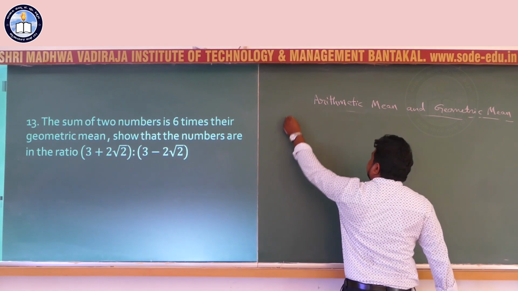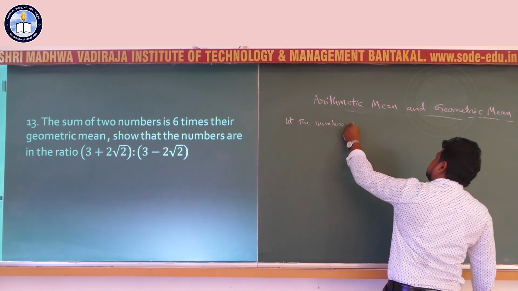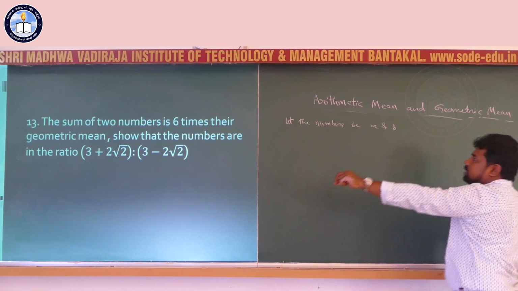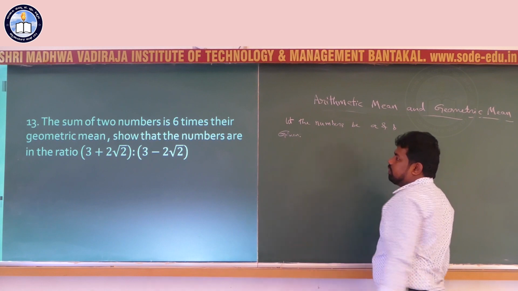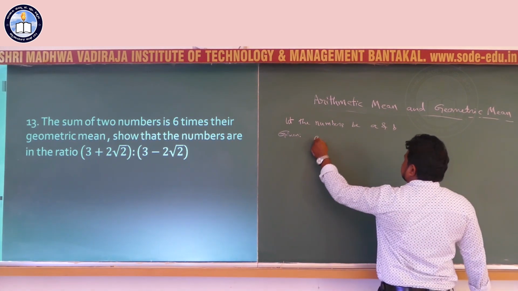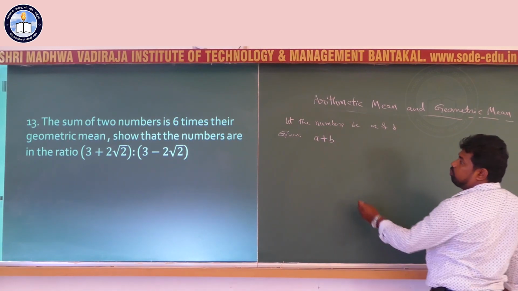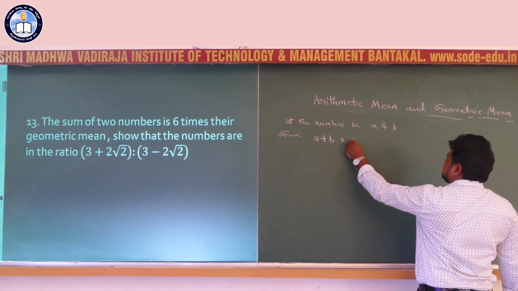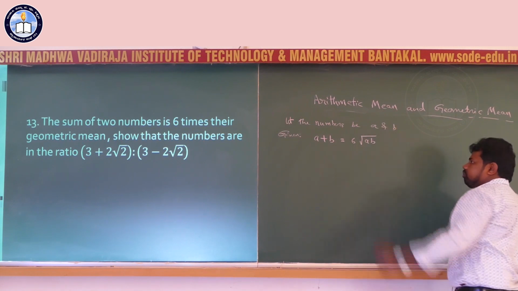Let the numbers be A and B. Given the sum of the numbers, A plus B equal to 6 times their geometric mean, 6 times square root of AB.